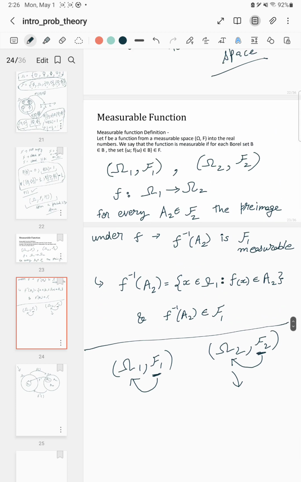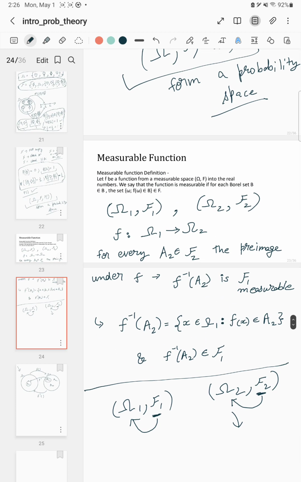Now we define a measurable function f such that its domain is the sample space omega 1 and its range is the sample space omega 2. So it points from omega 1 to omega 2. This is the domain of f and this is the range of f.